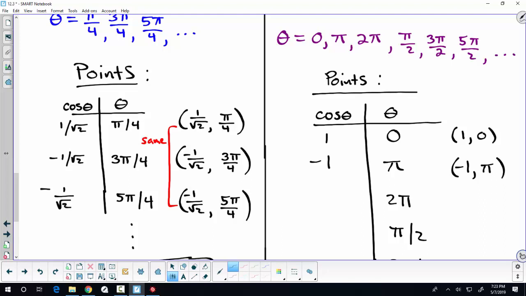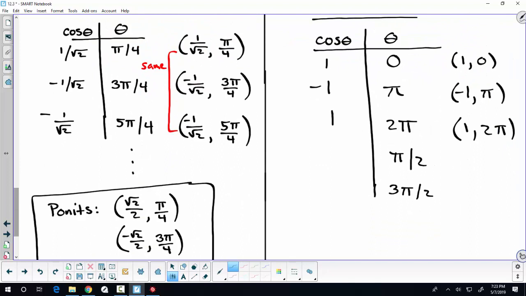Is that the same point? 1 comma 2 pi. Same point as well. Okay, pi over 2, 0 through pi over 2, 0.